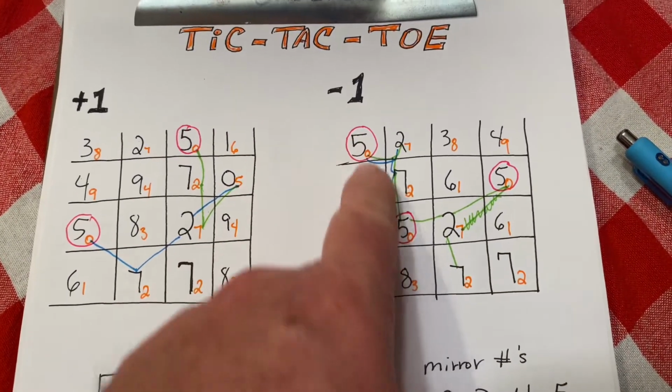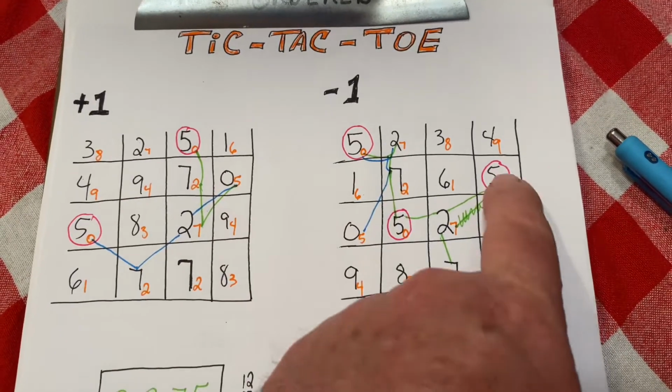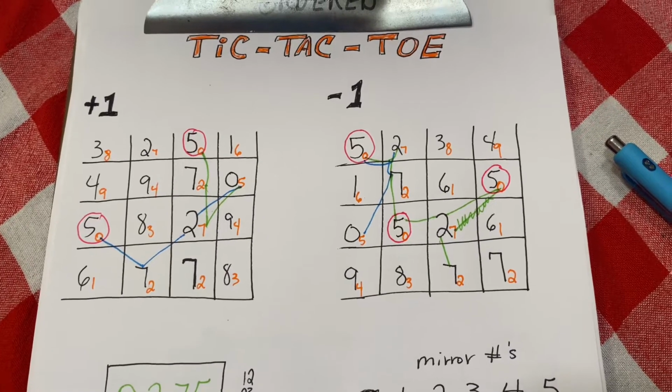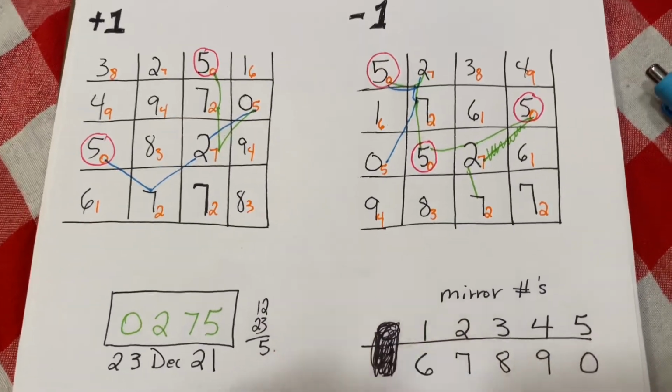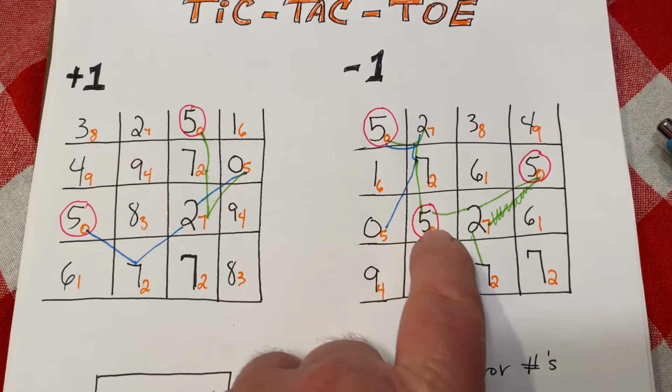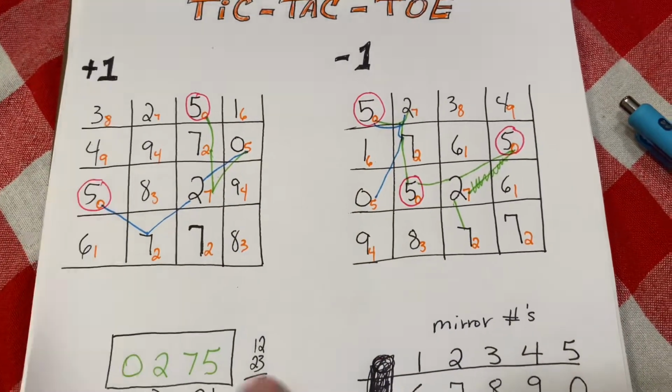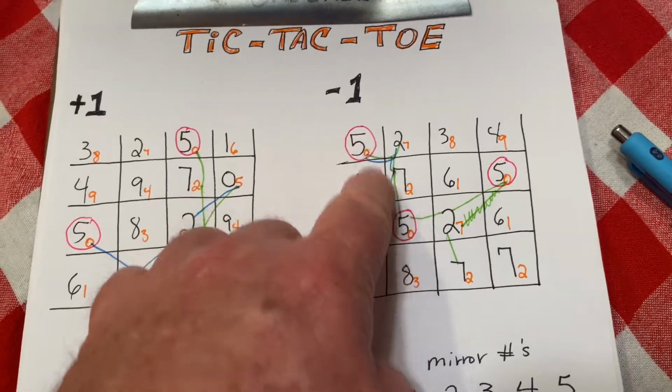See, this showed up once over here, twice over here, and then it showed up over here. So look at numbers that match, that fit together. 0, 2, 7, 5. That's right there within touching each one of those.